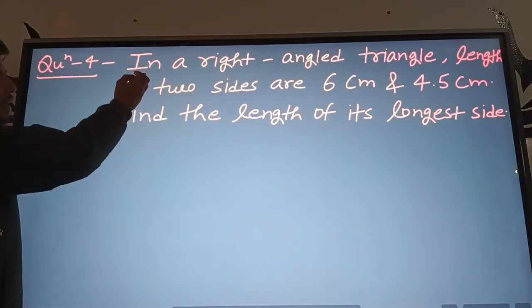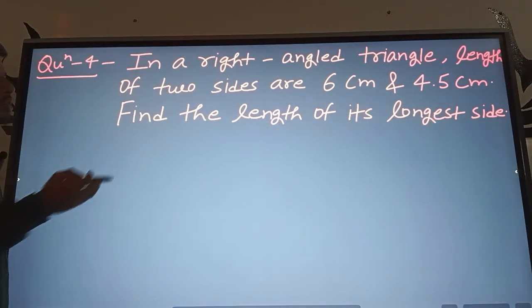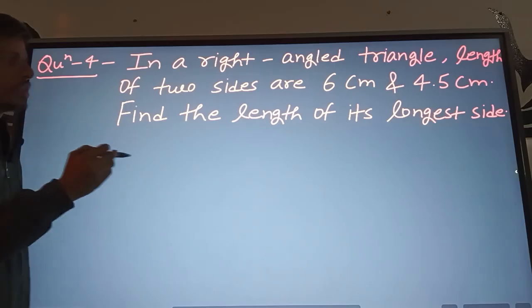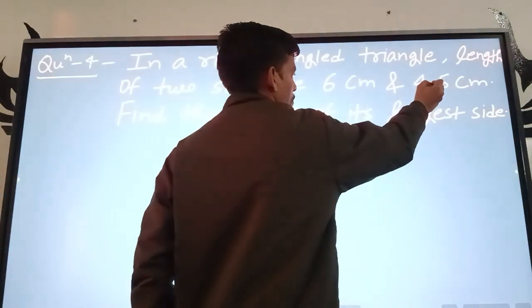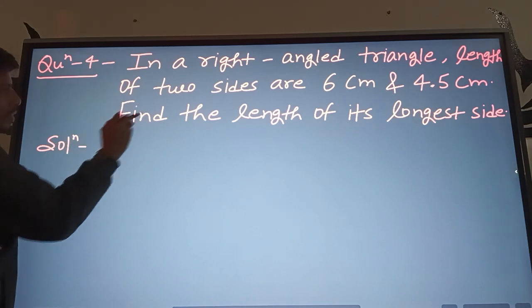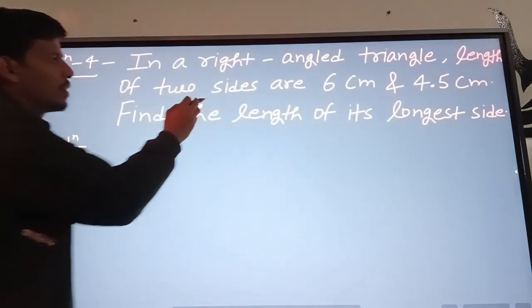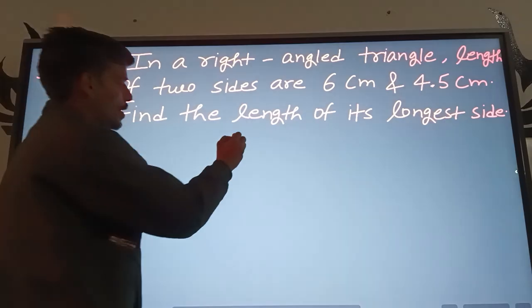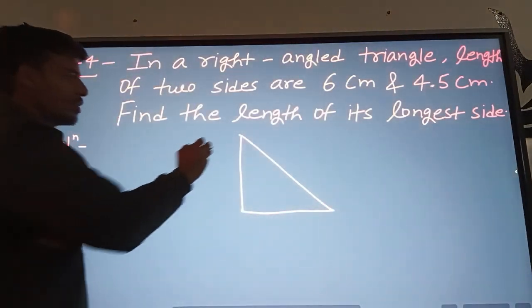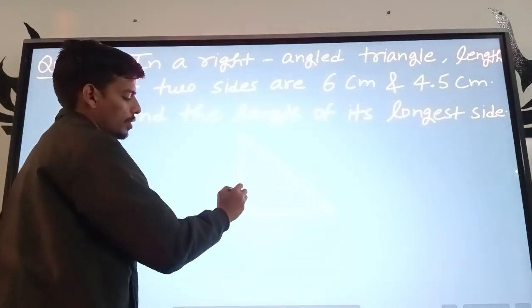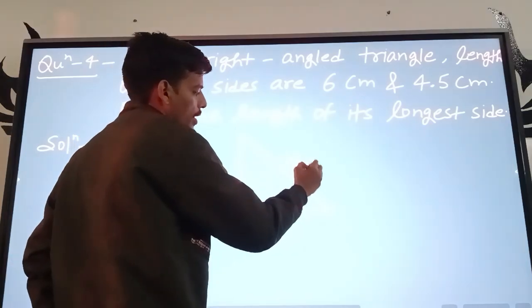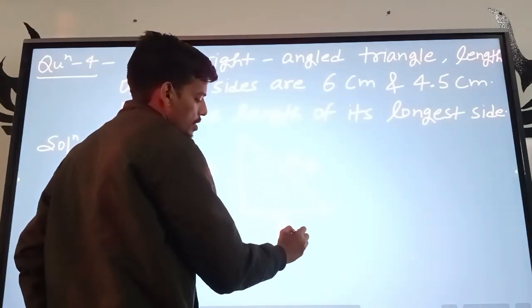Our fourth question: in a right angle triangle, the lengths of two sides are 6 cm and 4.5 cm. Find the length of its longest side. The triangle is a right angle triangle. In a right angle triangle, this is the perpendicular, this is the hypotenuse and this is the base.